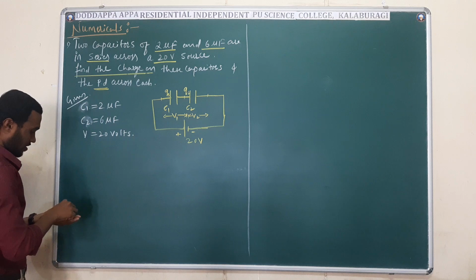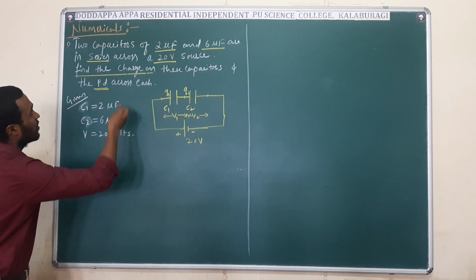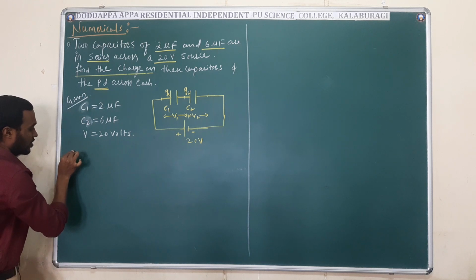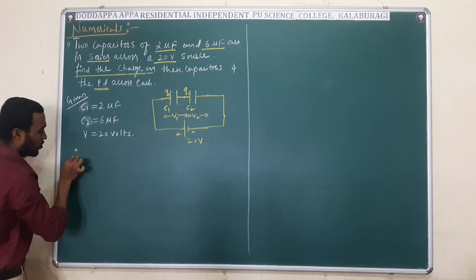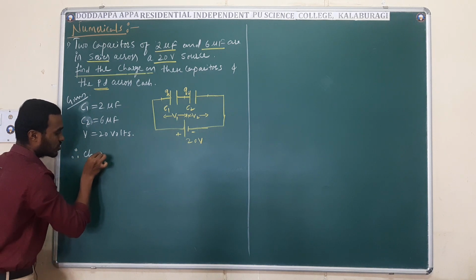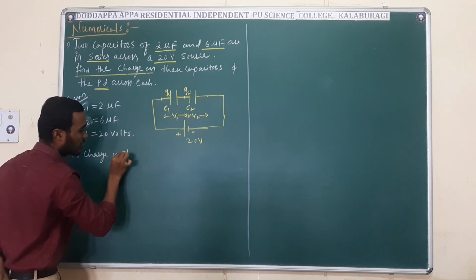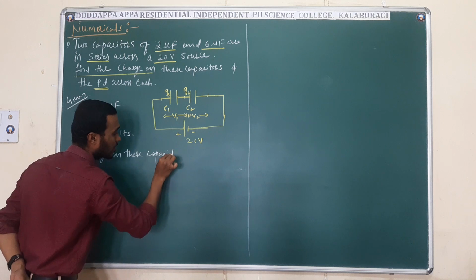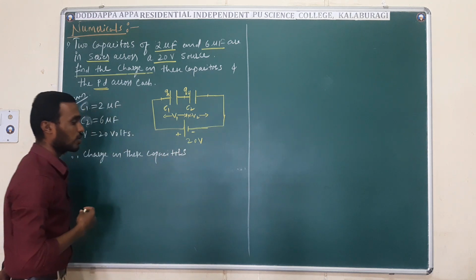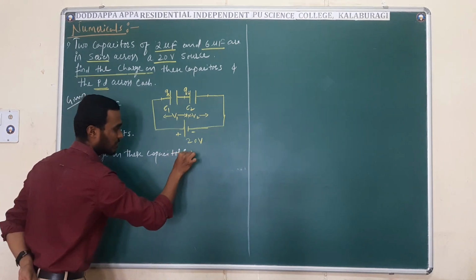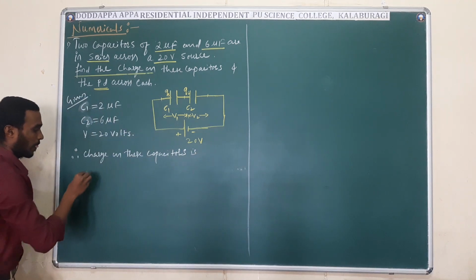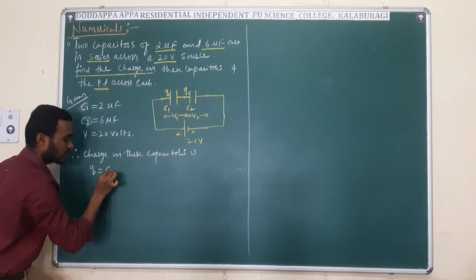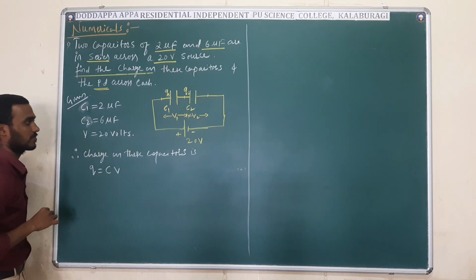Now first I will calculate the charge. The charge on these capacitors is Q is equal to CV.